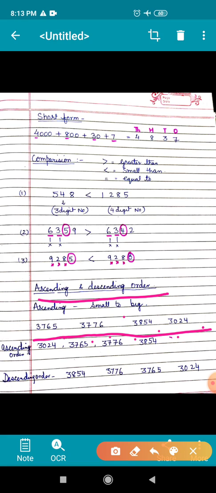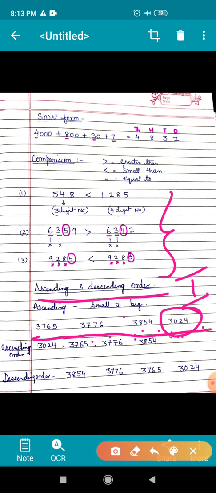So you have to find out which one is the smallest number, so you will apply the rule of comparison. So here just see the thousand place. Here 3, 3, 3, 3, can't decide. Okay, go on to 100 place. 7, 7, 8 and 0. Here decided this number will be the smallest number.